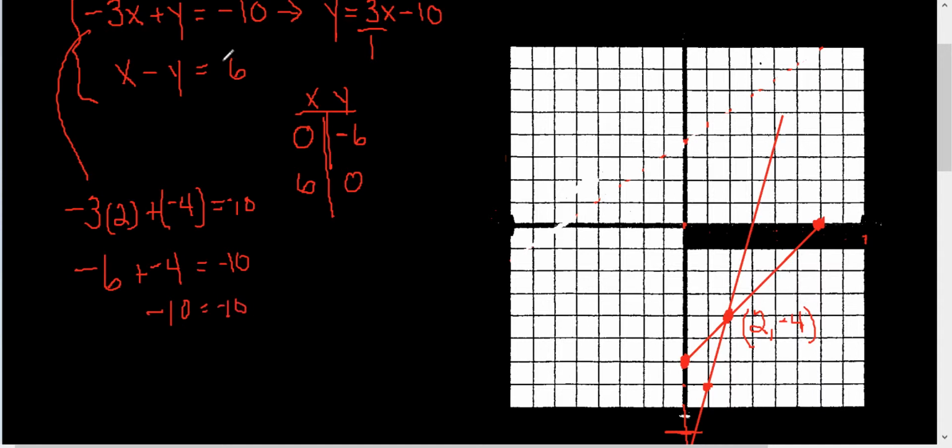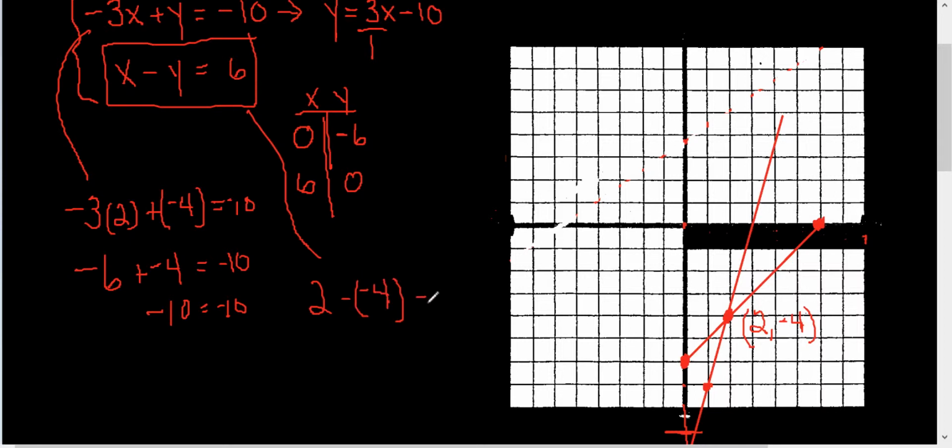And just for the heck of it, I'll check out the second equation here, meaning 2 minus negative 4. Does that equal 6? 2 plus 4 equals 6. So it checks. That was our solution.